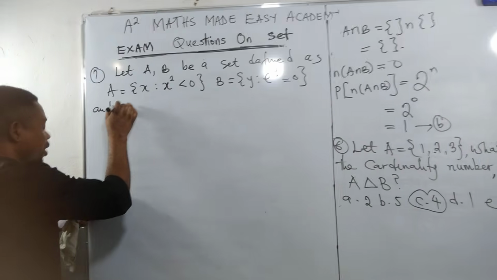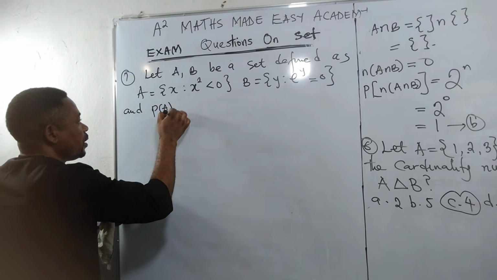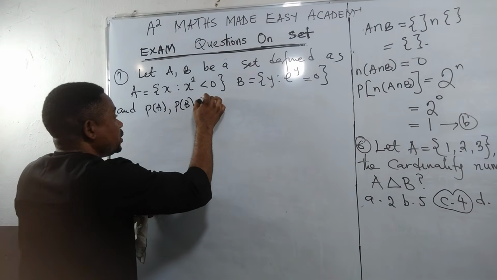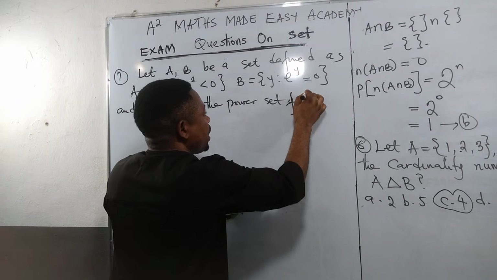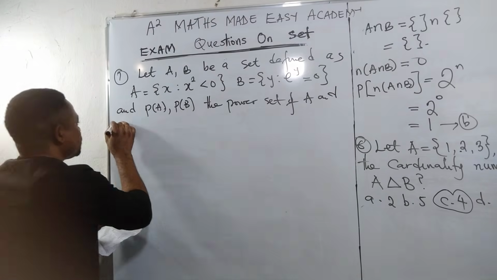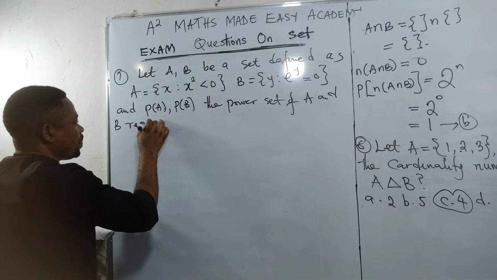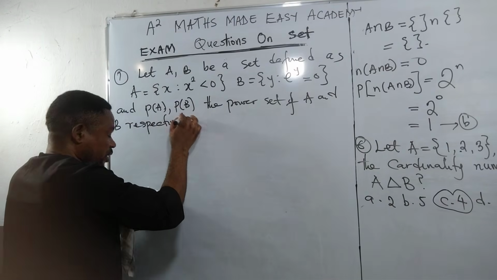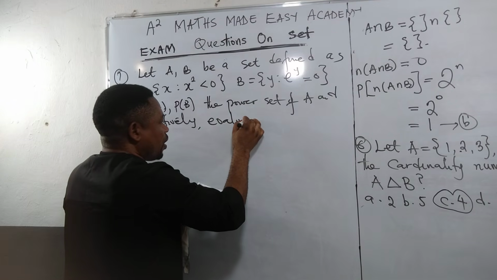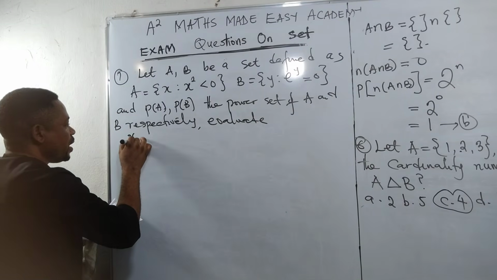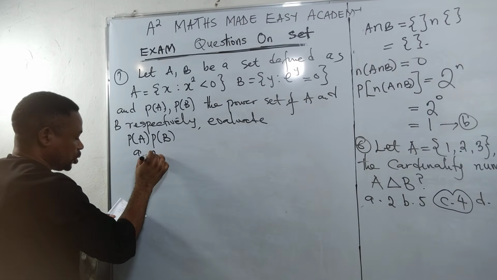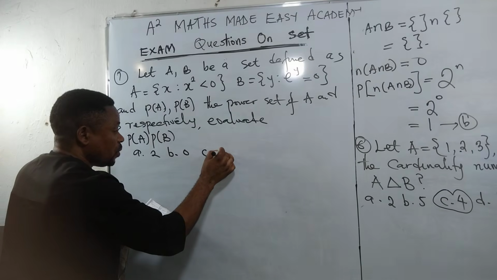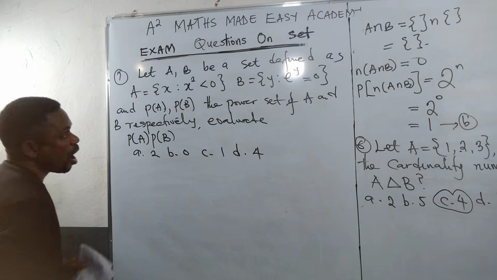Find the power set of A and B respectively. What is the formula? The question says we should evaluate P(A) times P(B). The options are A 2, B 0, C 1, D 4. I want you to observe this.